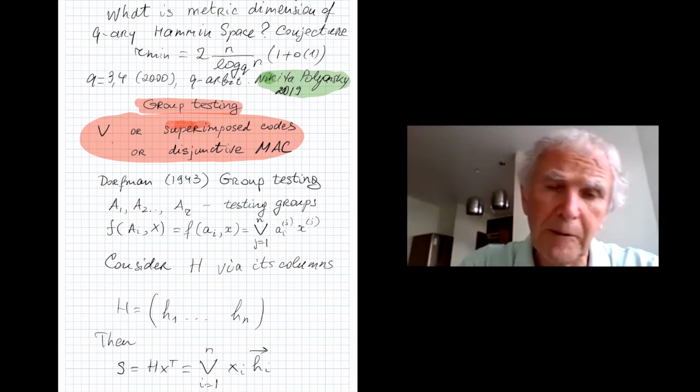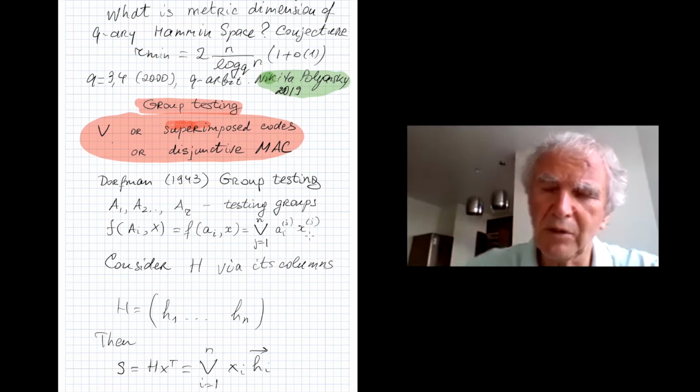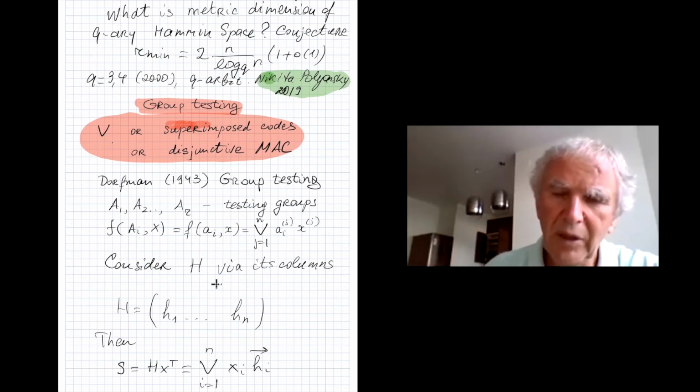And then for every test, we know only whether the intersection of X and Ai is empty or not. So in the language of the multiple-access channel, it means that it's a disjunctive channel. It takes the following Boolean sum of our vectors Ai with coefficients xj.